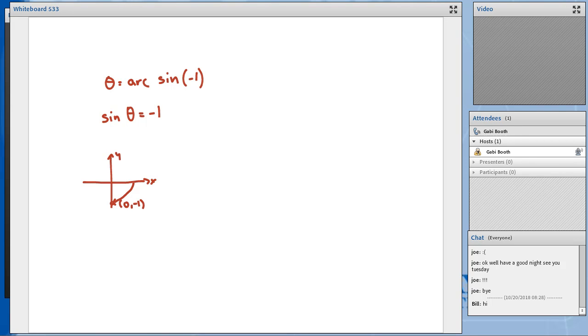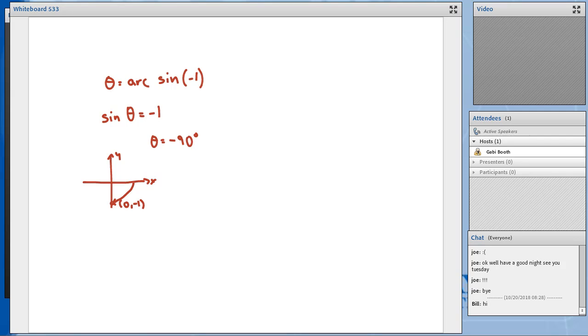We have the point 0, negative 1 right here. So the angle in this case would be negative 90 degrees, or negative pi over 2 if it were in radians. Then you have a couple problems where you need to use your calculator.